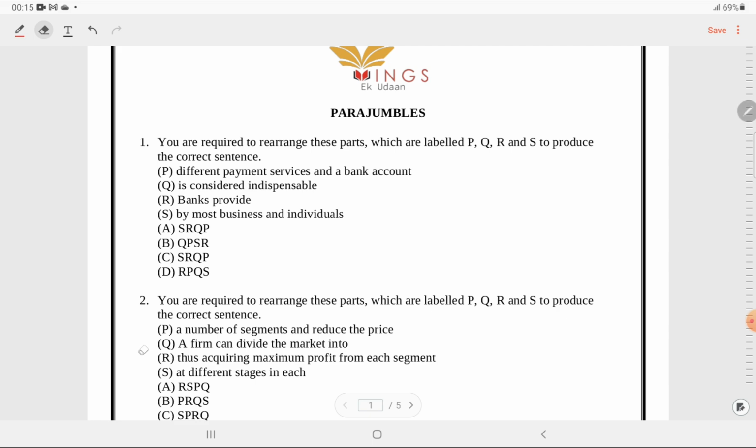So it will begin with Q. A firm can divide the market into, and since it is into, see the sequence, into a number of segments. That means Q and P should come together. Now see Q and P. Do we have Q and P here? No, we have PQ, so no. PRQS, no.